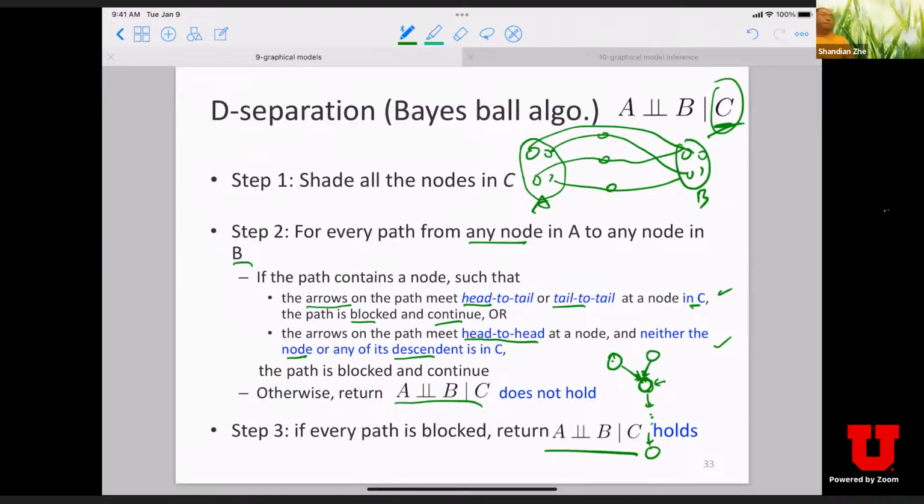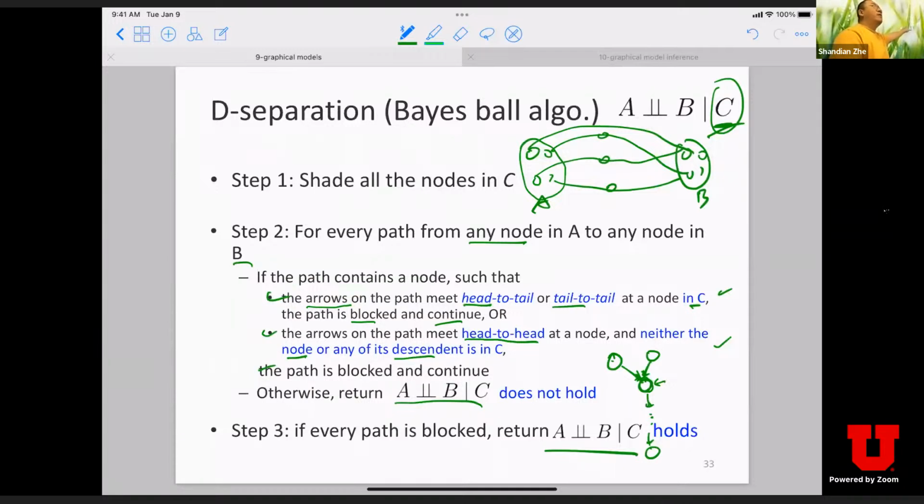Blocking is just like you threw a ball, right? You start at some node from A and go through that path. That means you're going to go through every node in that path. And if any of these three cases happen, that path has been blocked, and your ball has to be bounced back.